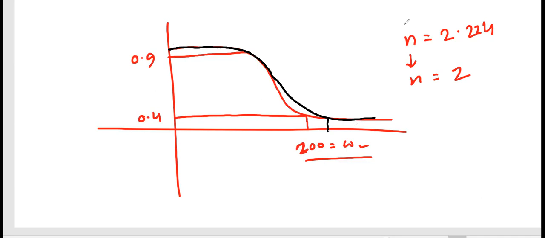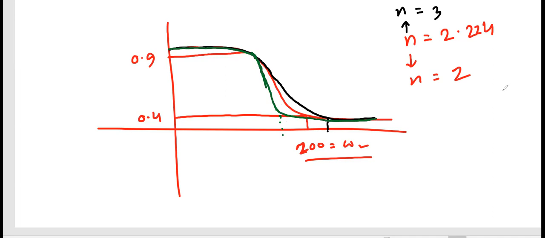Another option is n equal to 3, because n must be an integer, as it is the order of the filter. In that case, the attenuation will start before this, so it is less than 200.